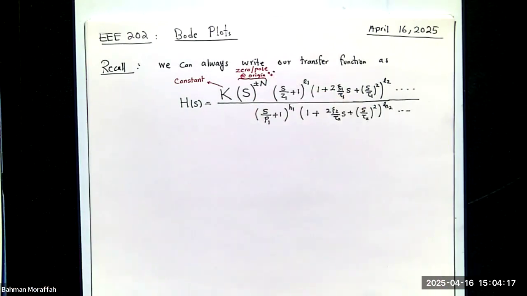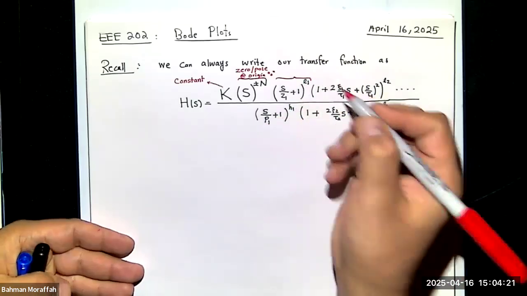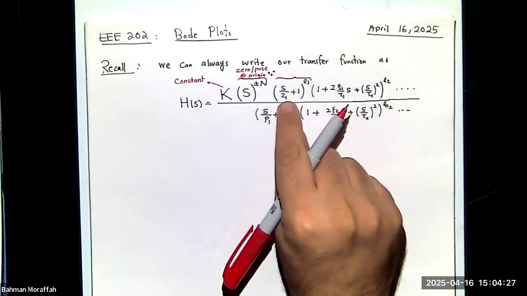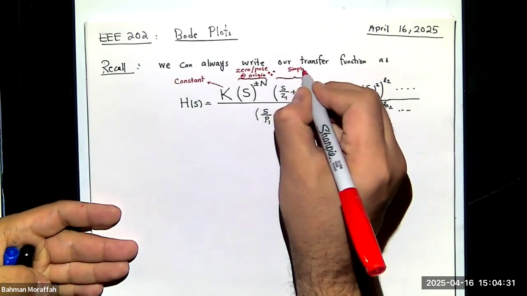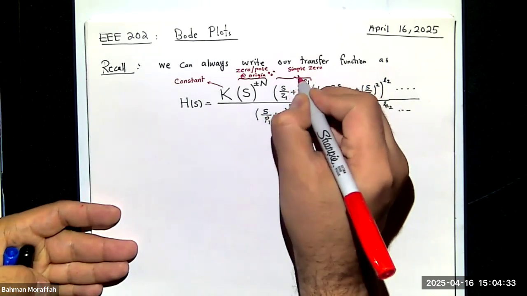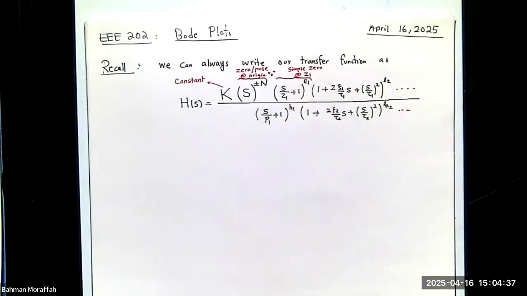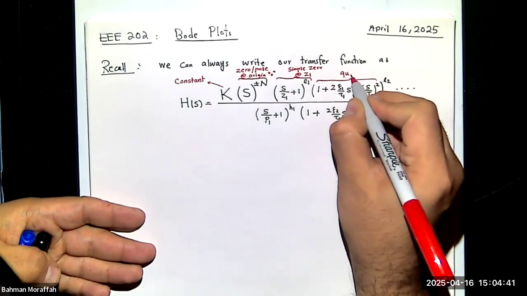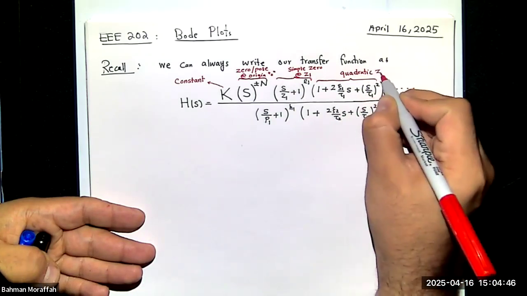This term over here, which is representative of a simple zero, tells me I have a simple zero at z1. And this term over here is the quadratic zero that I have.